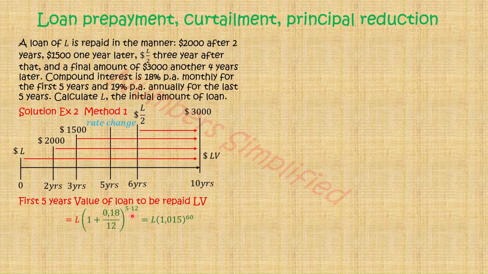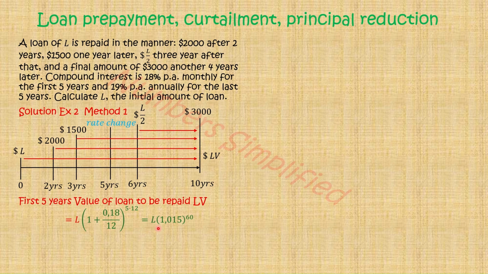Then we know that in the rest of 5 years, we are going to have 5 times 12 periods. That is to say, in each year we have 12 periods. Then in 5 years, that will be times 5. So now, as before, I would encourage you to make sure that you simplify what's inside the pair of brackets or parentheses. Try to keep it as exact as possible so that you are able to get the exact value or a value that is close to the expected answer that you would have finally.